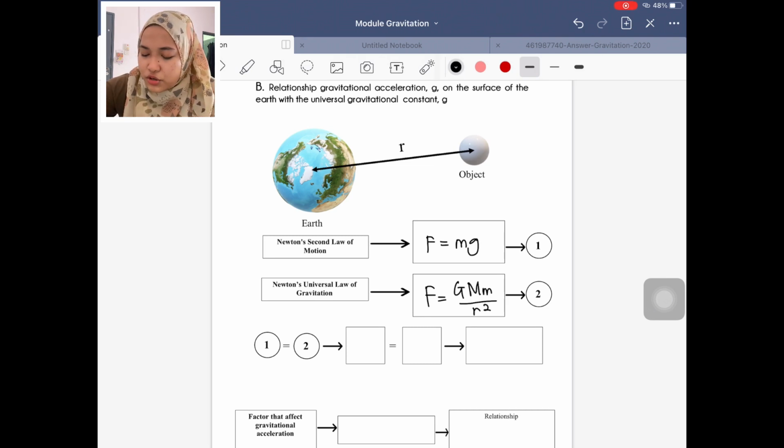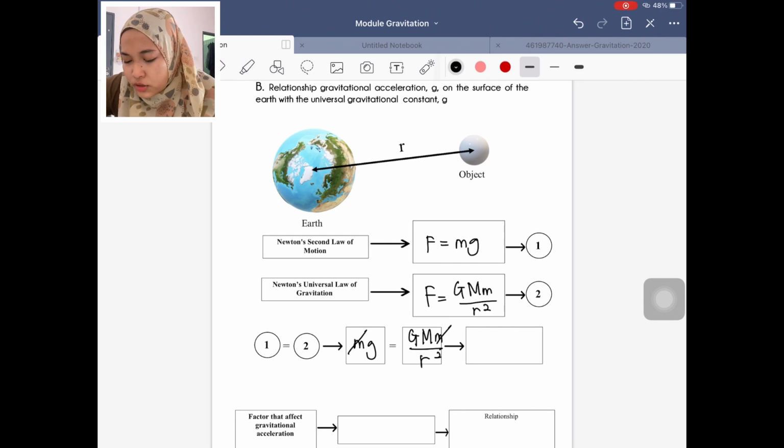Equate both because we have force and force. So mg equals to G M over R squared. So M kecil kita boleh potong. So kita dapat g equals to G M over R squared.